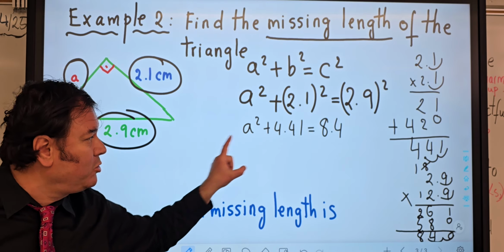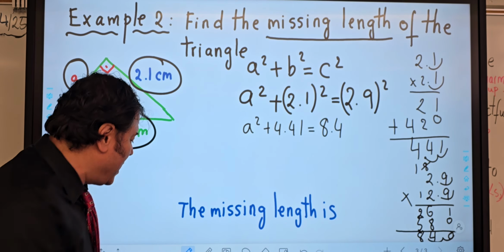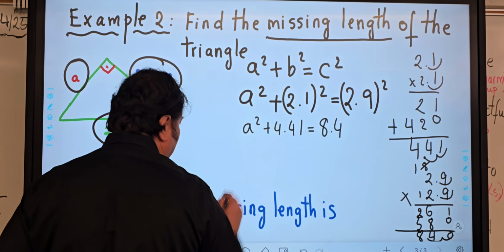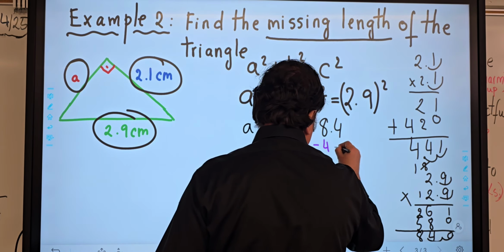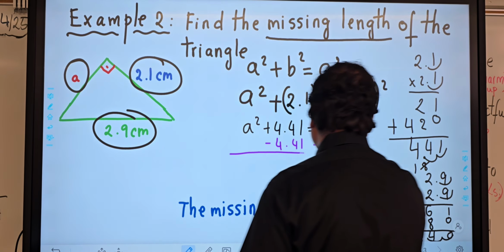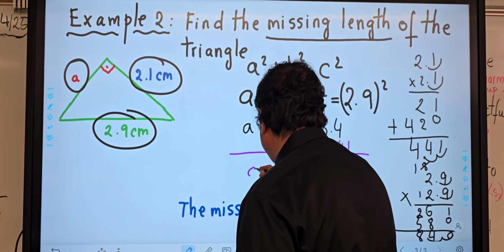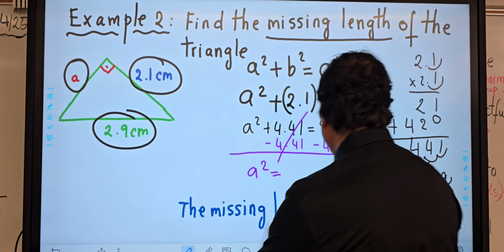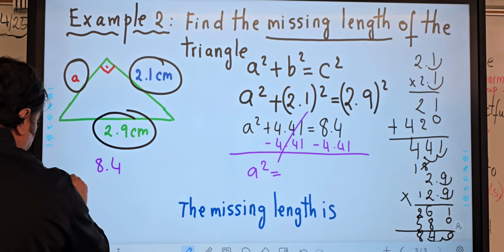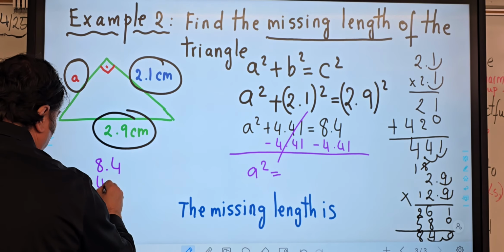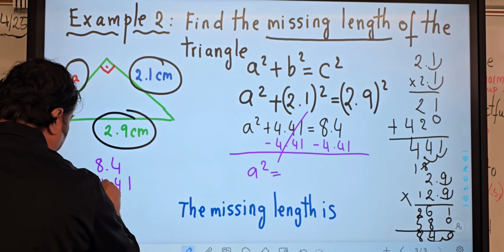So in this case, we are going to subtract 4.41. Let's subtract that. Minus 4.41 on both sides. This will simplify, so we get A squared equals, let's do this by the side. We have here 8.4 minus 4.41.